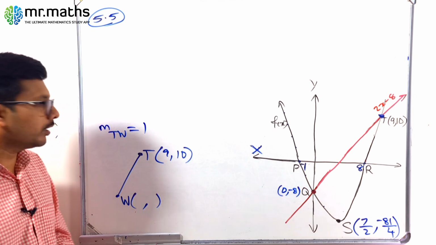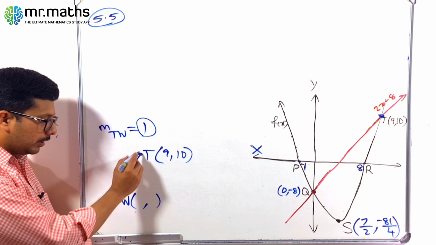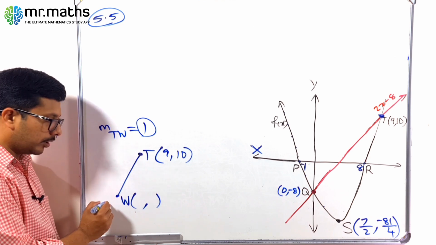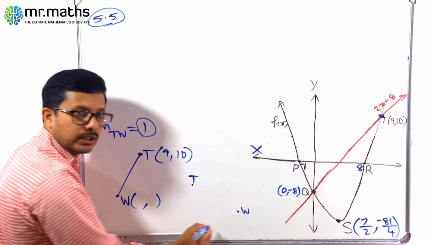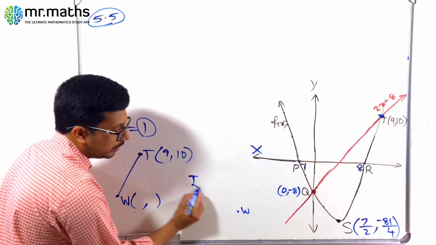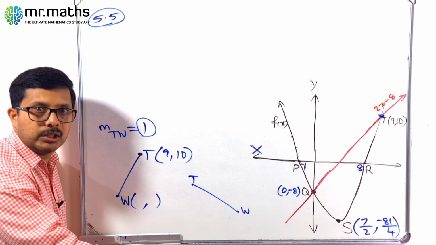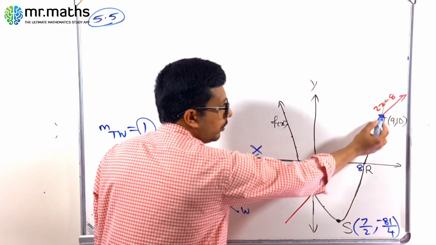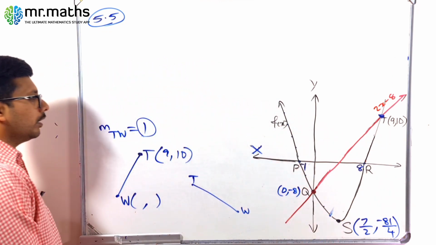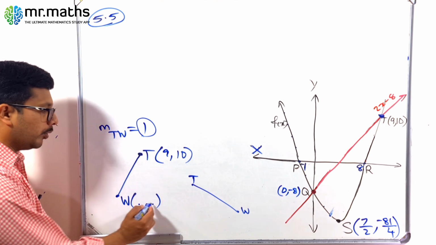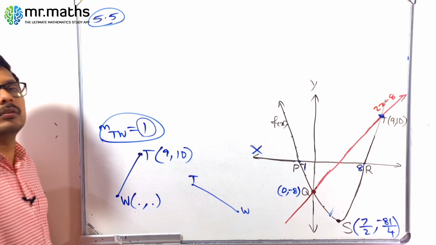If the answer is positive 1, then the line goes upward like this. It can't go downward, because then the line is decreasing and the gradient would be negative. So W is somewhere here, and we have to find the coordinates of W. The average gradient between these two points is 1. That is given.